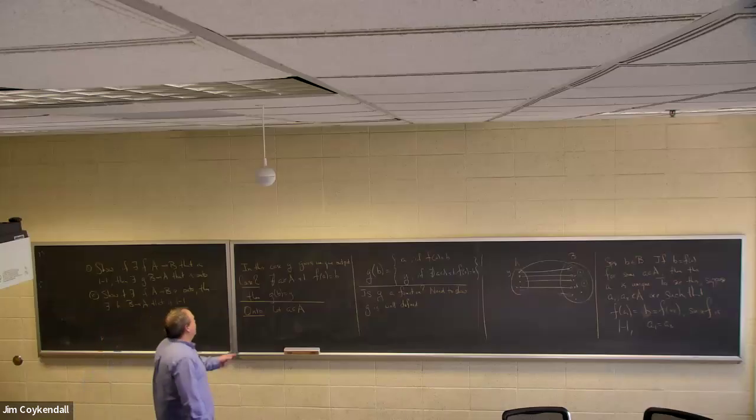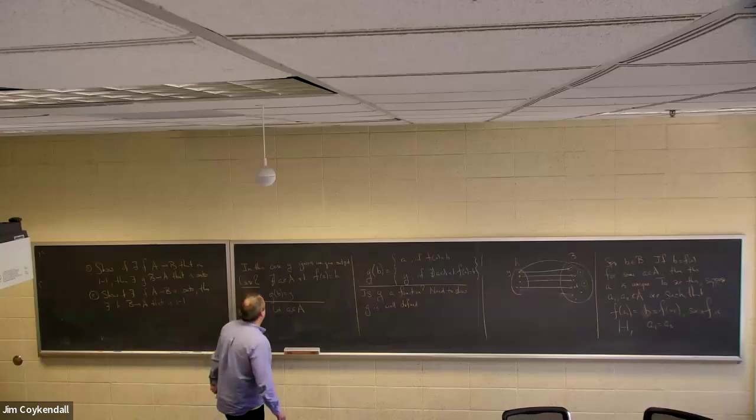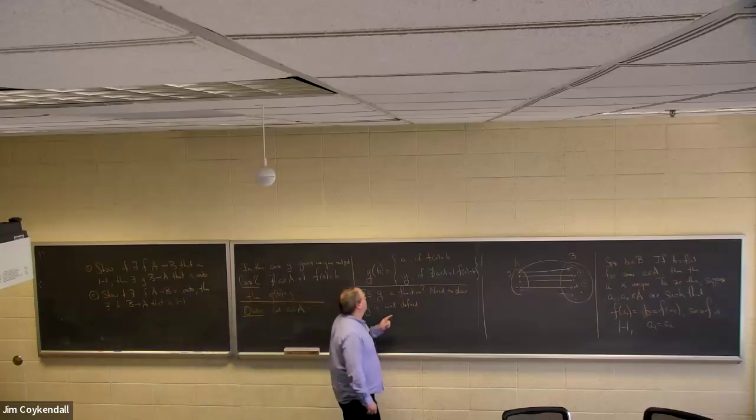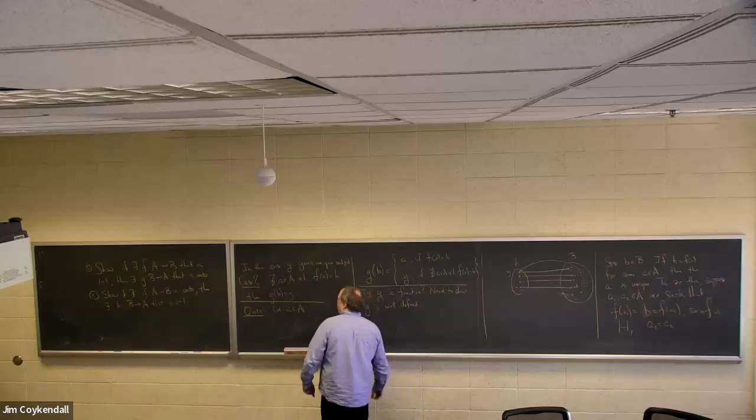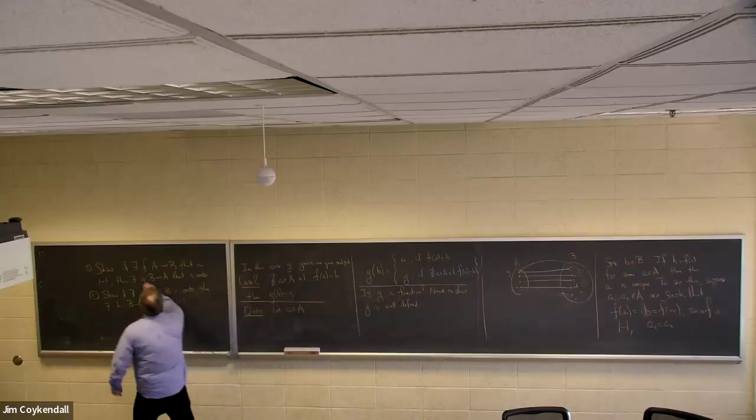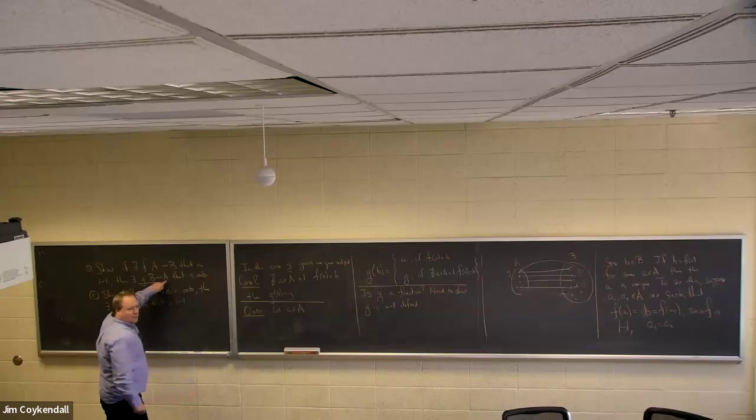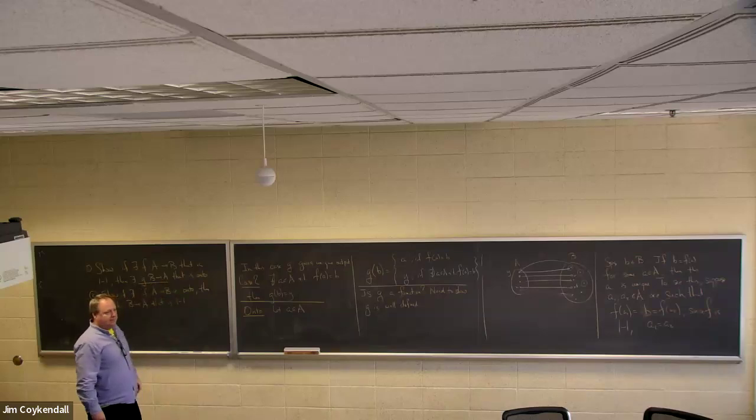How do we figure that out? So remember, we're trying to show it's onto. G is going from B to A. We pick an A here. How do we show there's something in B that G maps over to this A? How about that?